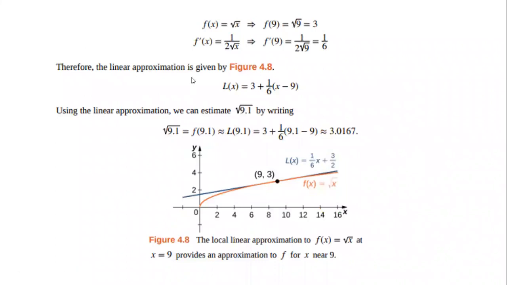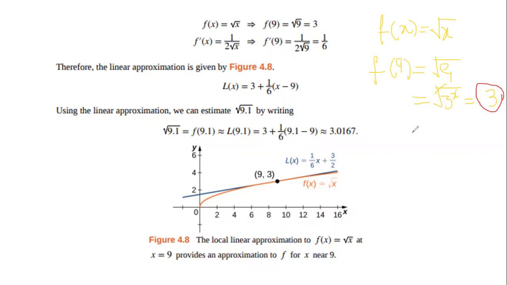As the function f of x equals root x, the function at x equals 9 equals root 9 equals root of 3 squared. So the square and the root cancel out. So f at 9 equals 3. This is the first value.